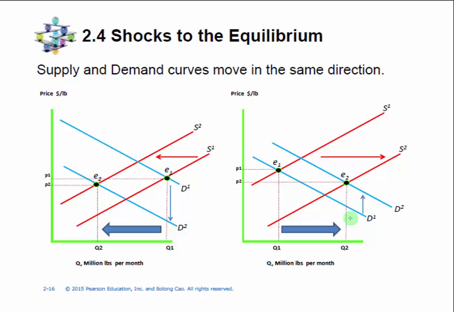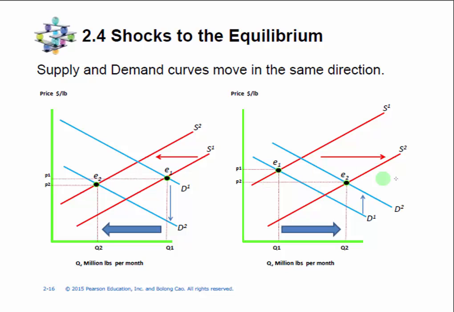Now here, for the picture on the right, we have demand increase, demand shifts to the right, supply also increases, supply shifts to the right as well. And what we know for sure is that the quantity increased from Q1 to Q2, and the price actually dropped a little bit.